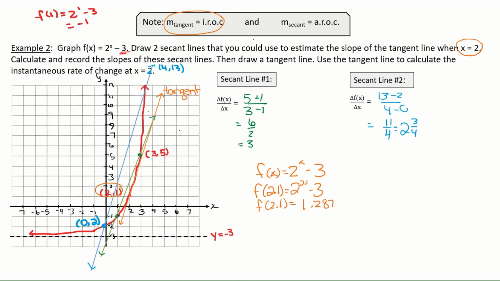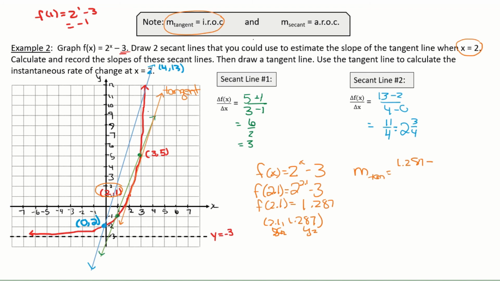So now I can use this coordinate, (2.1, 1.287), as my second coordinate, and now I can find the slope of my tangent line. You're just using the same formula that we've always been using. So I sub those in: 1.287 is my y2 value right here, this is my y1, and x2.